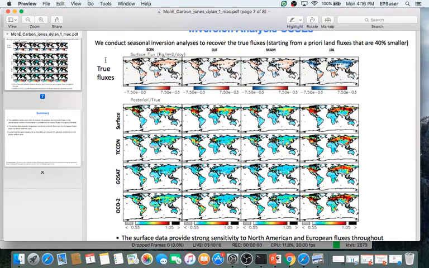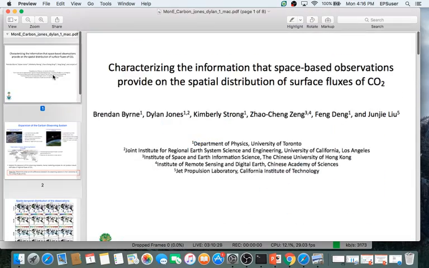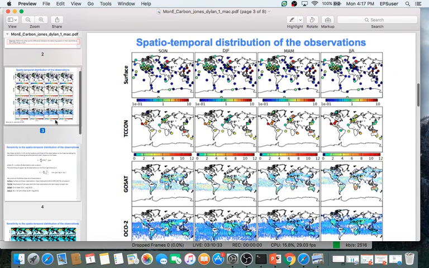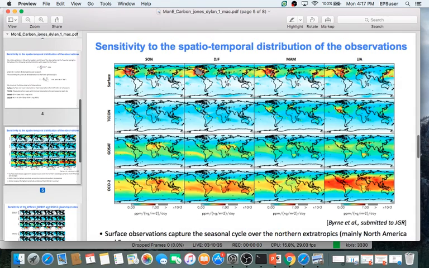I suspect it has to do with the variability of the observations you're getting over the ocean. The ability to recover the land fluxes with OCO2 data, in my opinion, is strongly influenced, as you can see here, by the ocean observations. It's not the land data that's driving the information. And you have a lot of ocean data, and in a real inversion, they're actually going to be more precise than the land data. And so the question is, what's the variability of the ocean data, and how does that allow you to constrain the fluxes?